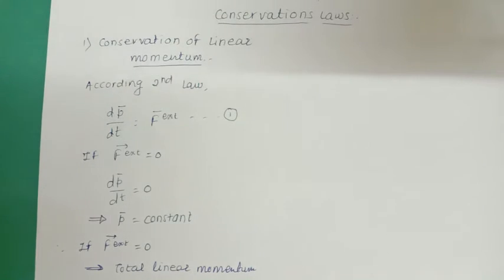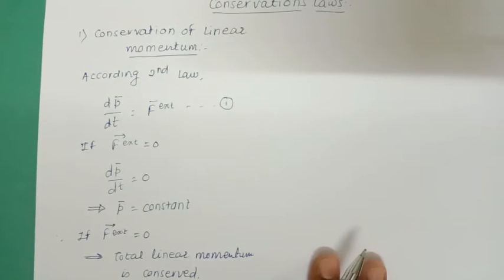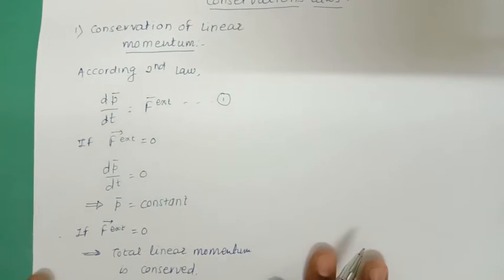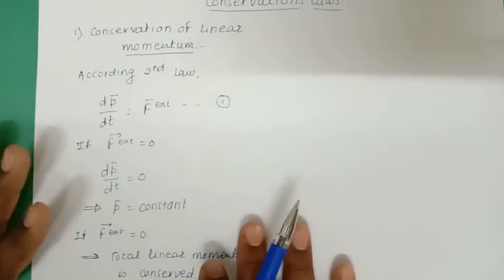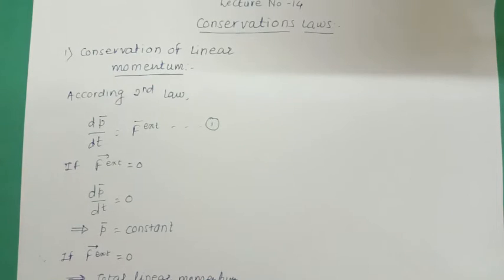So this is the first conservation law, the conservation of linear momentum. As we know from 11th and 12th standard physics, this is how linear momentum is conserved in different motions of the particle. In the next few modules, we study collisions of bodies, where many problems are based on this conservation of linear momentum. So this is all about the conservation of linear momentum.